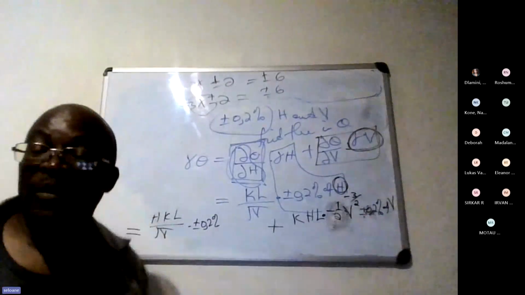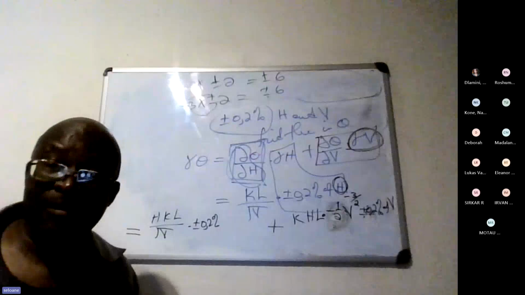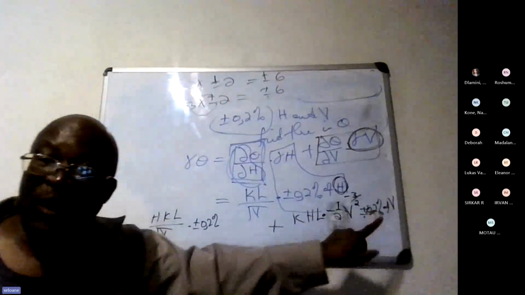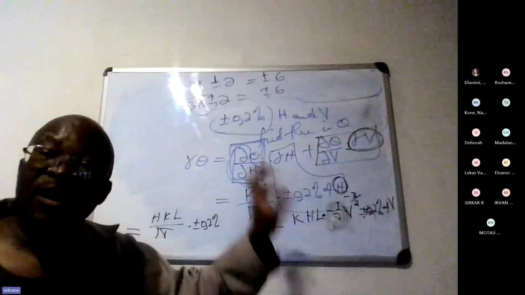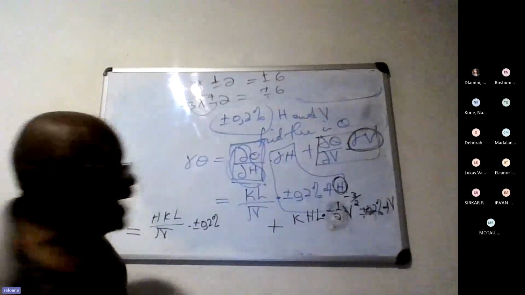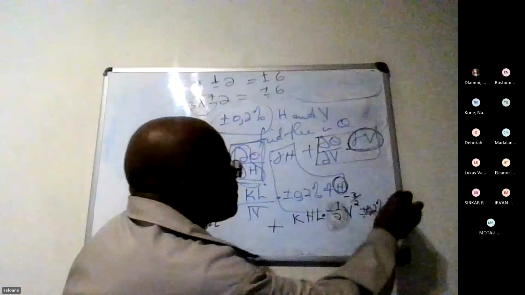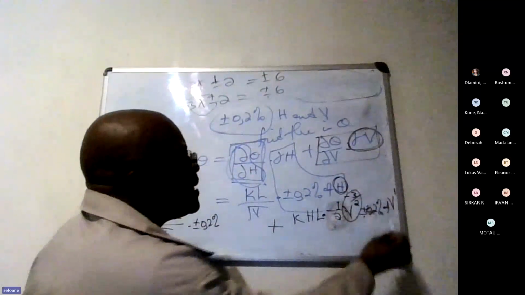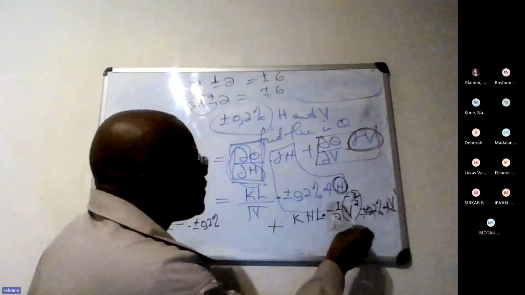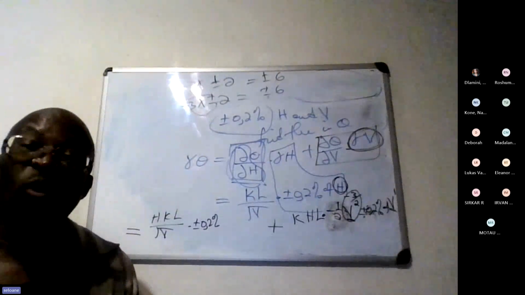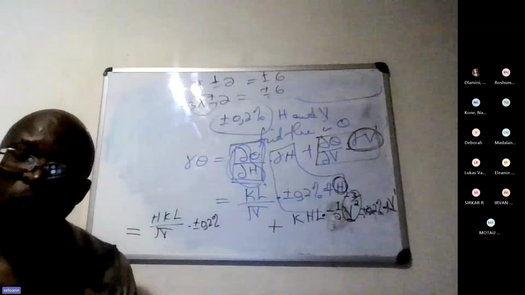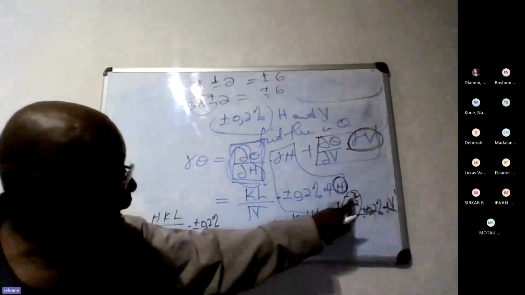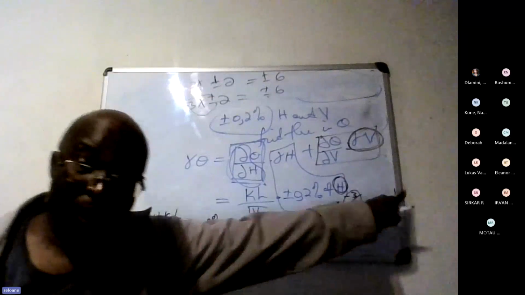Then it will become plus or minus 0.1. Minus half multiplied by this will not become plus or minus 0.1. And this V exponent 1 and this V exponent minus 3 over 2 is going to give you V exponent minus half, because it will be minus 1.5 plus 1.